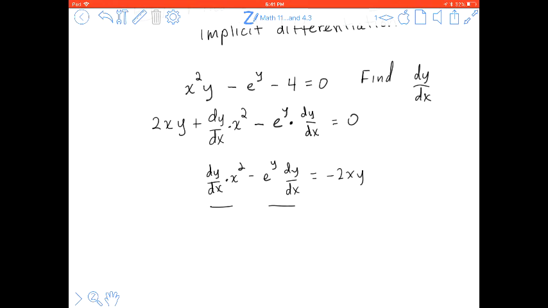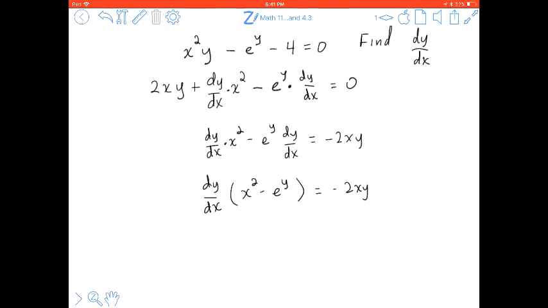Now both of these terms that I've left alone on the left side have a dy dx as a common factor, so that can be factored out. And then you can divide by this onto the other side to get dy dx by itself.